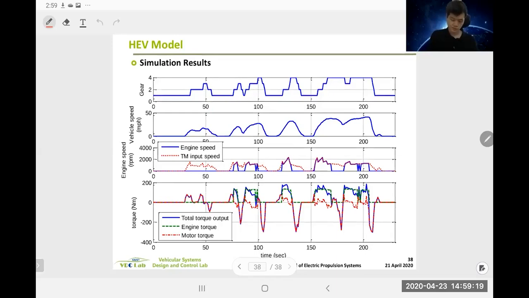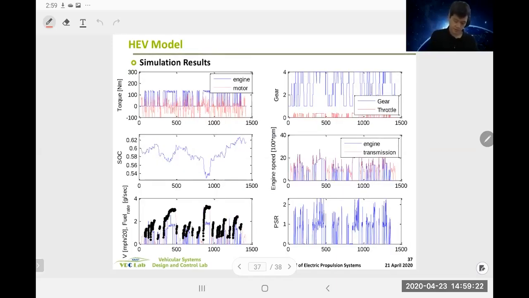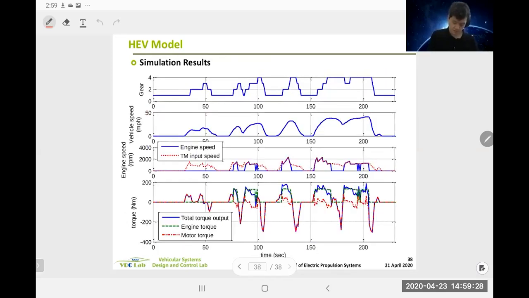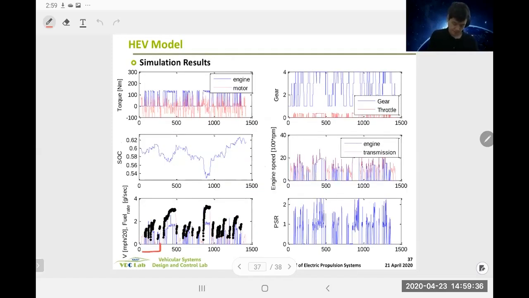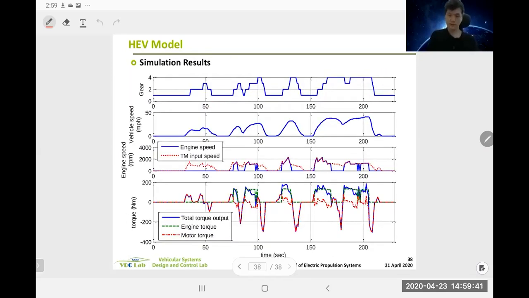This is just a zoomed view, I think from 0 to 250, the first few cycles.